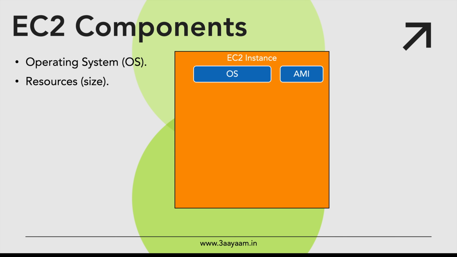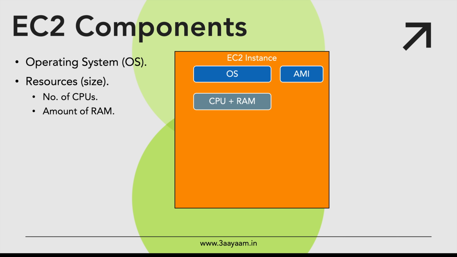Then we have the size of the resource, basically the size of the EC2 instance. When you talk about size, there are two things. One is the number of CPUs, and the other one is the amount of RAM. So how many CPUs do you want in the EC2 instance?